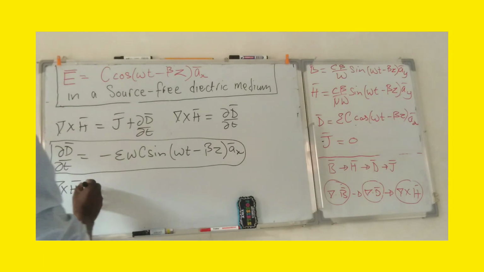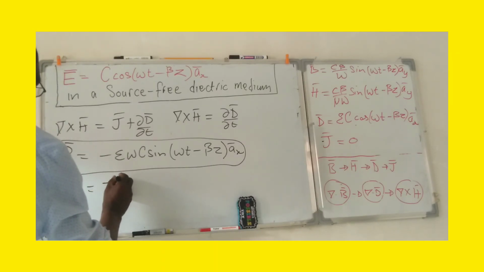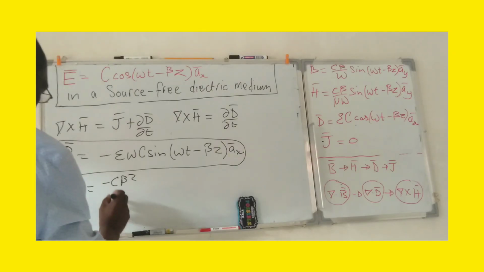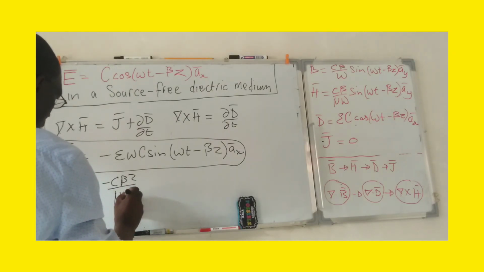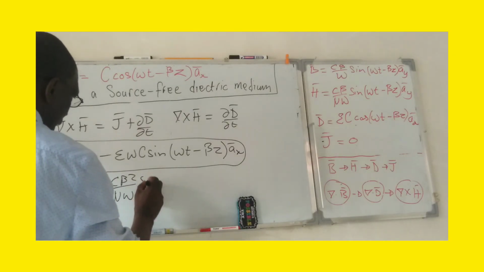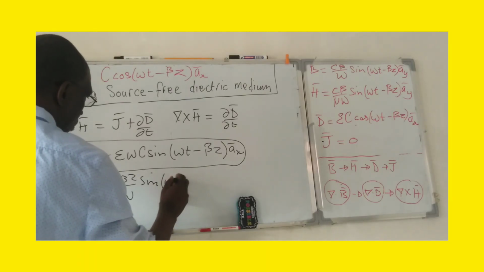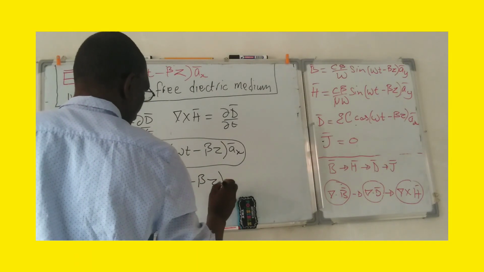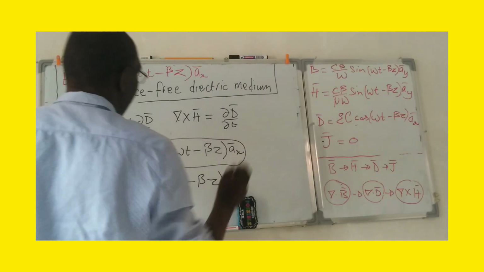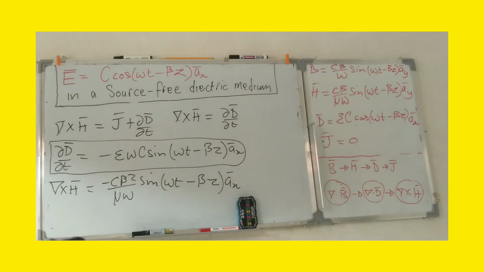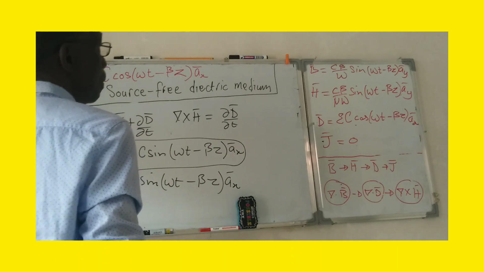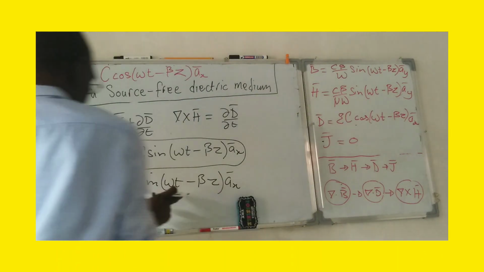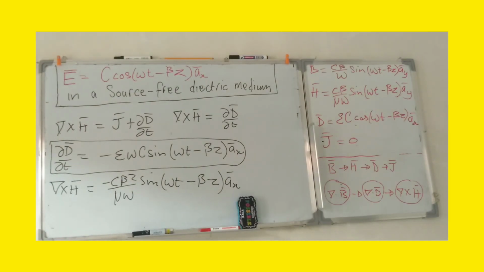It's going to be minus C beta squared over mu omega sine of omega T minus beta Z along the x direction. Because remember, our H field is only in the y direction. So it will give us this as the curl.